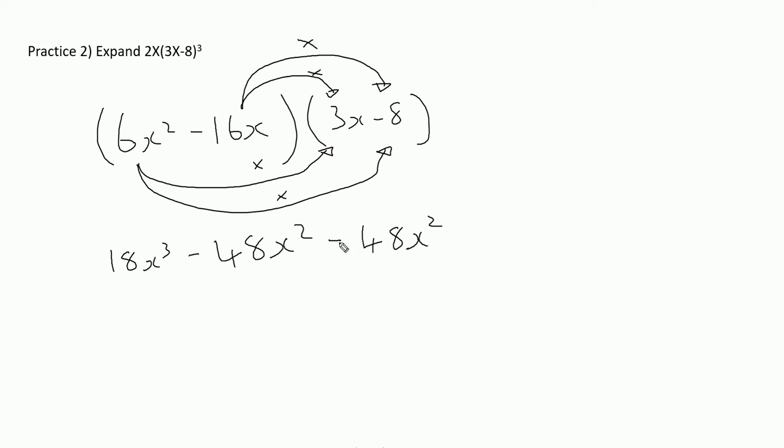48x squared. Then minus 16x multiplied by minus 8, which will give me 100 plus 128x. Now the numbers are getting a bit more complicated, but there's nothing out of reach here. You're just multiplying 2-digit numbers by single-digit numbers, or single-digit numbers together.